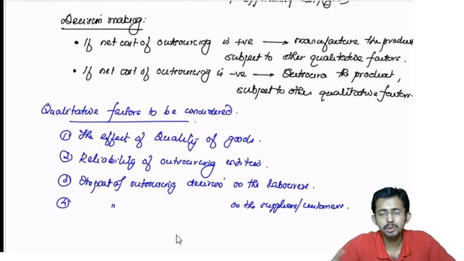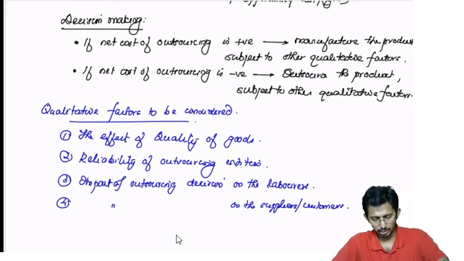Suppose you are getting a car from Volvo. Now tomorrow Volvo says we are manufacturing most of our components in China, where we are not monitoring things. Then the customers will be a little unhappy. So anything may happen there. Okay, so these are the qualitative factors to be considered.